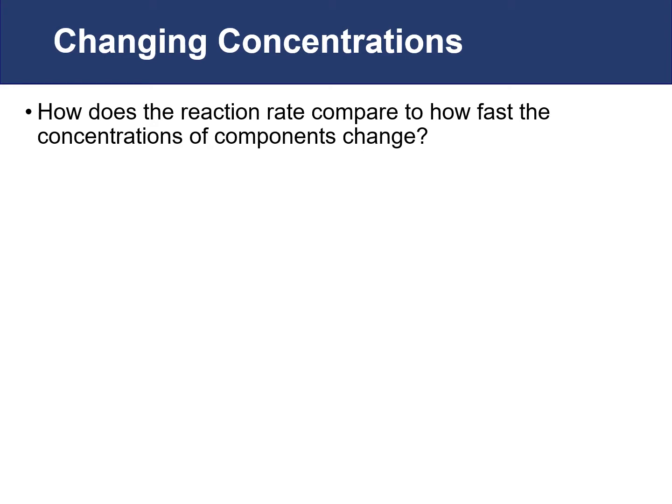So let's say we have a reaction that is A plus B goes to C plus D. And let's say that this reaction is occurring at 1 reaction per second. So essentially it's going across our arrow here at 1 reaction per second. Every second, the reaction is occurring 1 time.